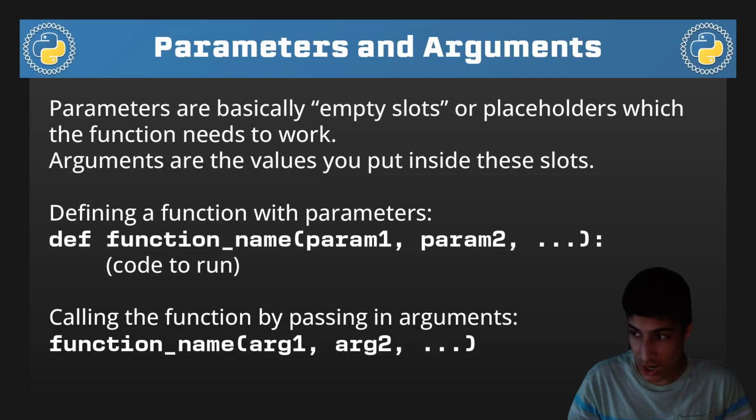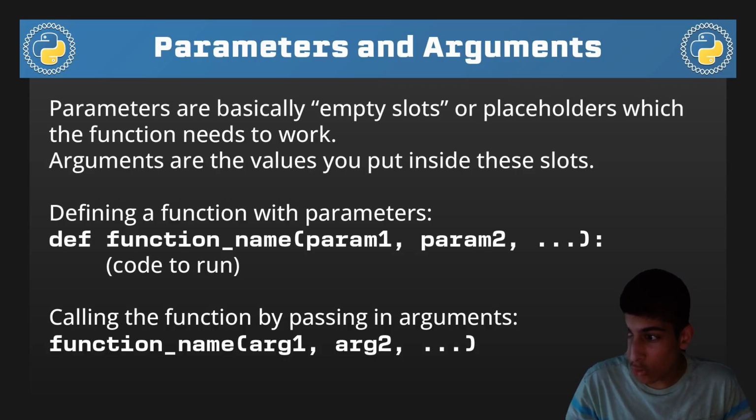In order to define a function with parameters, we can make use of similar syntax as before, except inside the parentheses, we can put the names of the parameters separated by commas.